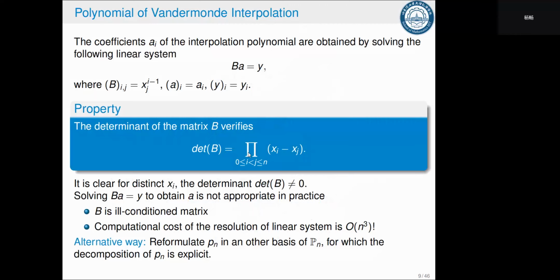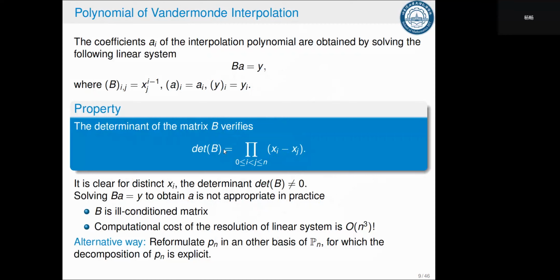This capital pi denotes the product, and what we have is that the product of all xi minus xj is the determinant of B.